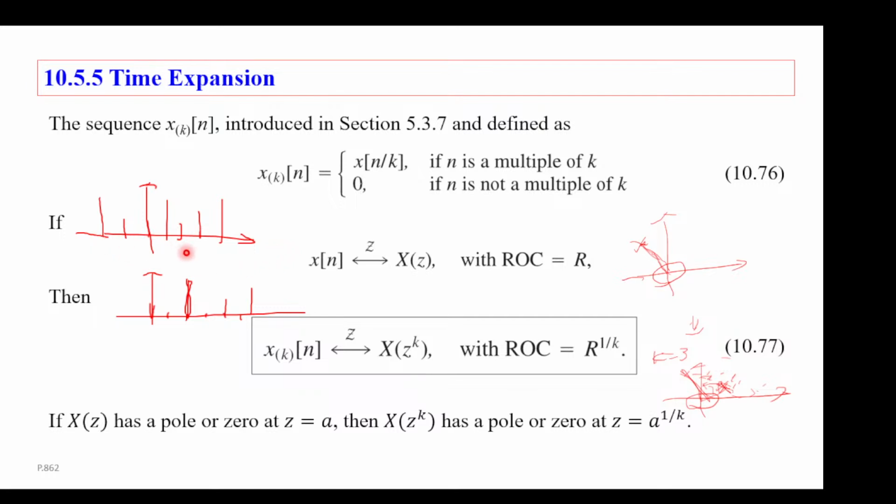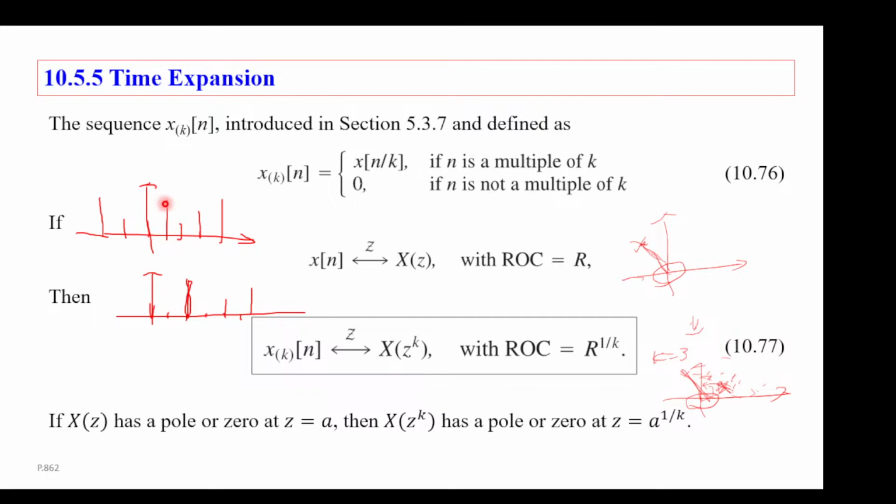So the only thing you can do is expansion by an integer multiple. So say here is an example of a discrete signal, and we do this time expansion with a factor of 2. What we do is insert 0 between each of those signal spikes, and move them far away from each other.